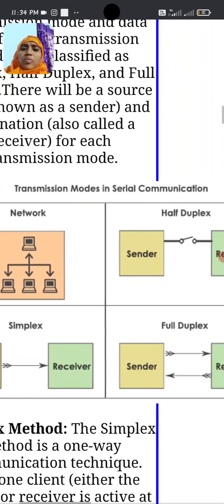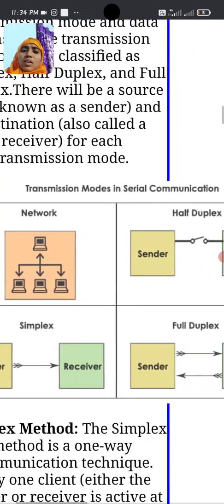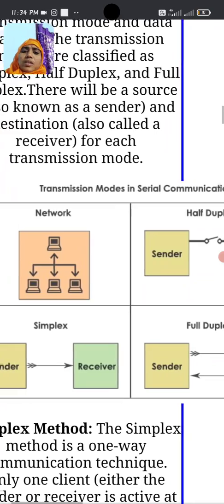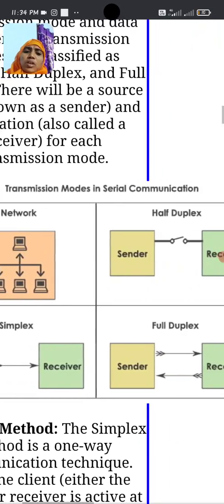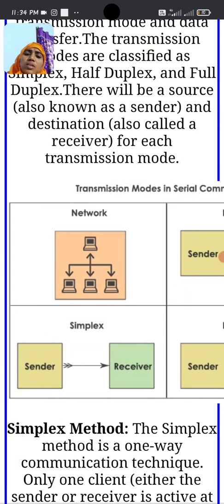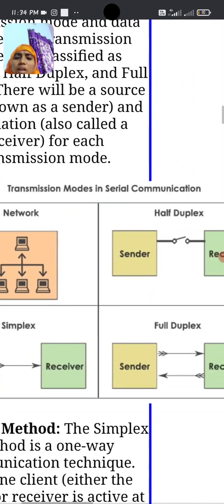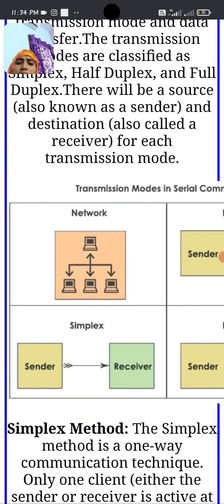The serial communication transmission modes are mainly of four types: network mode, simplex mode, half duplex mode, and full duplex mode. This is the network mode, and this is the simplex mode. In simplex mode, only the sender will send the data, it will not receive, whereas the receiver can receive the data.